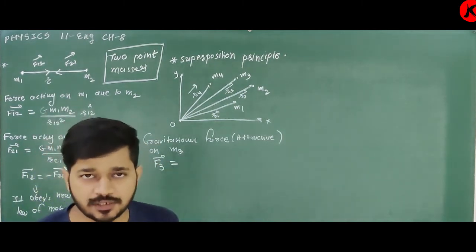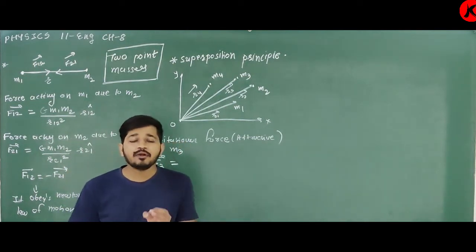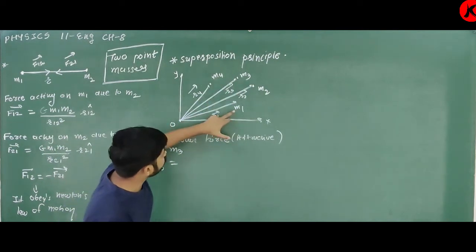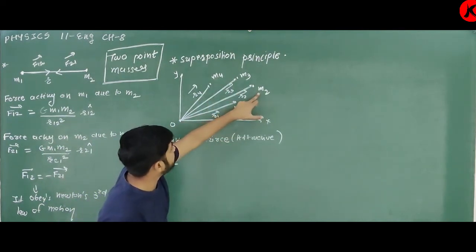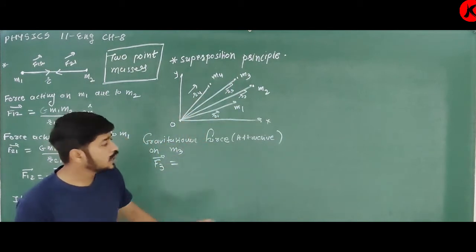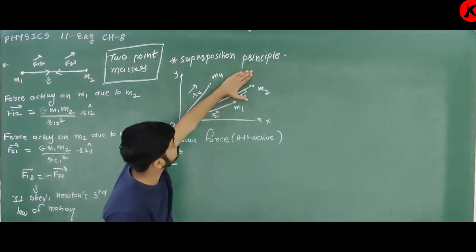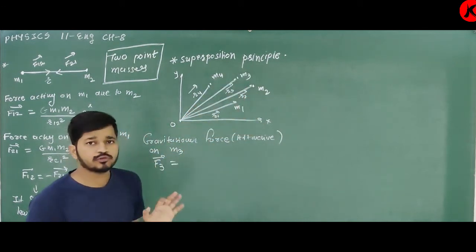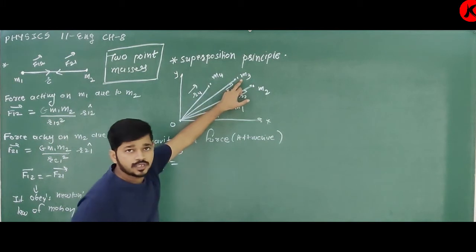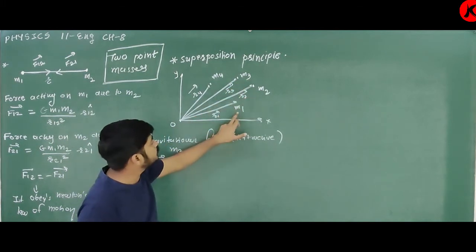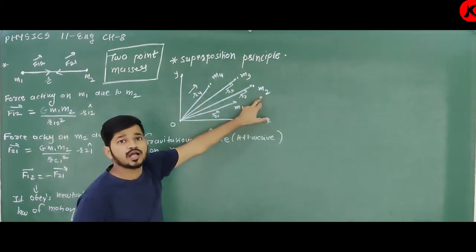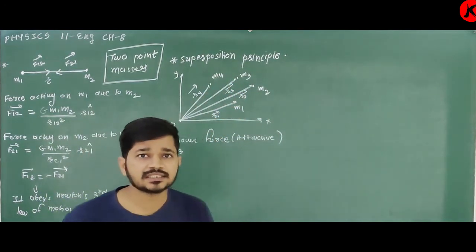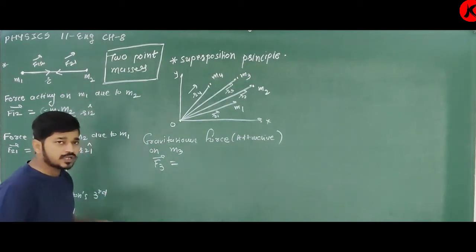Now one simple question: in the universe, every object attracts another object. So you are given 4 particles, M1, M2, M3 and M4. We have to find the force acting on M3. The other particles are M1, M2 and M4. So simple. On this M3, an attractive force is acting due to M1, due to M2 and due to M4. Yes or no? Yes. Then how to write it as an equation?